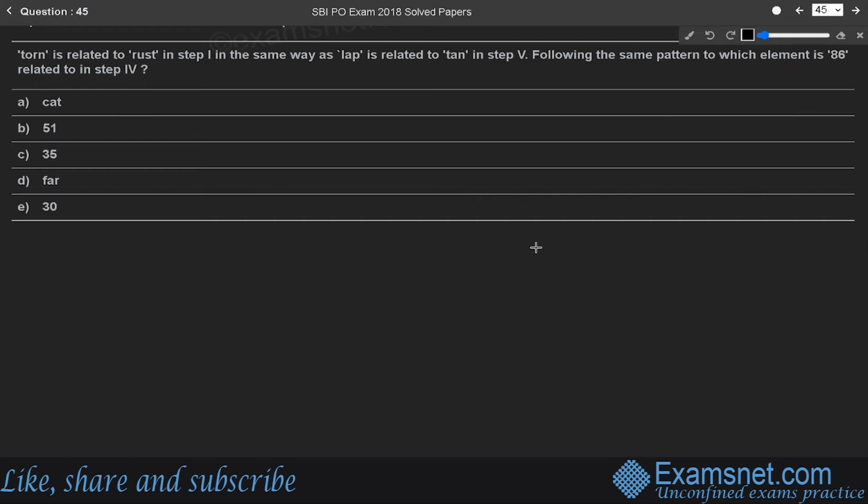So we can say that tan is fourth to the left of lap. Similarly, the fourth step is rat 63, lap 51, far 35, cat 30, 86 and ton. So in step 4, far is fourth to the left of 86. So we can say that far is related to 86. Hence the correct option here will be option number D, which is far.